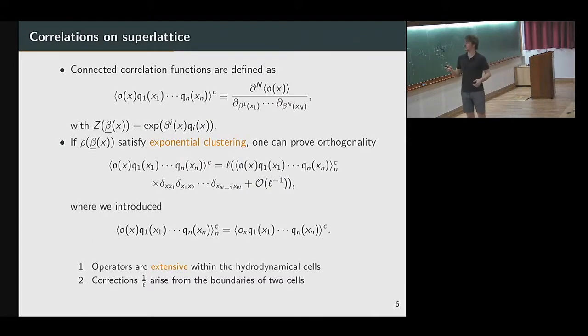Okay, so what we'll need is basically how the connected correlation functions behave if we assume that our Qs are composed of quasi-local operators. And we can define the connected correlation function simply as the nth derivative of the expectation value of O in some state rho.